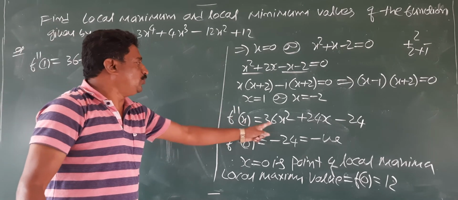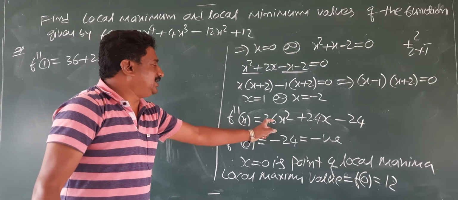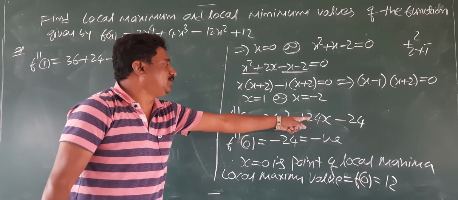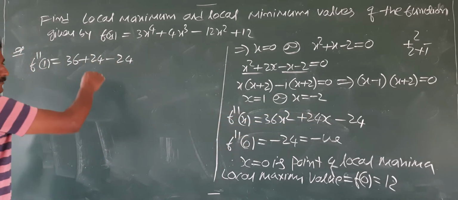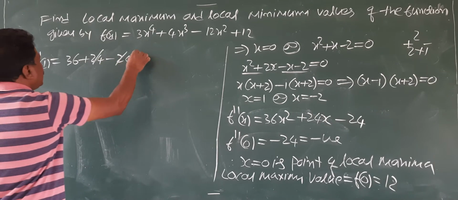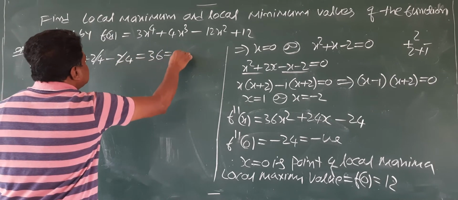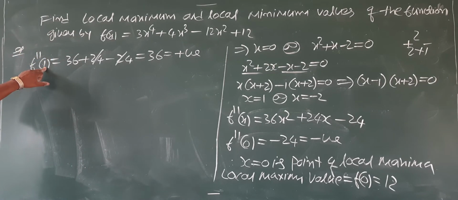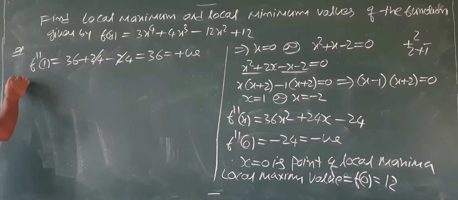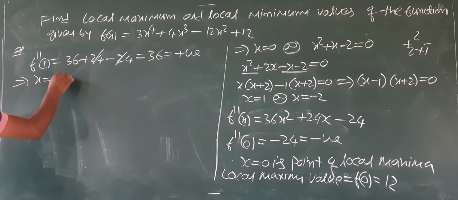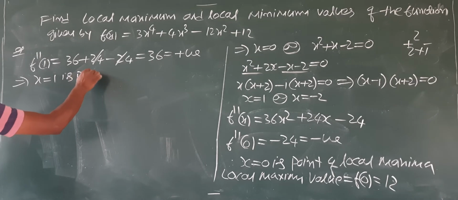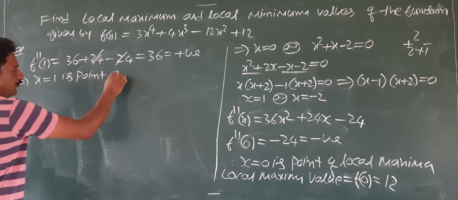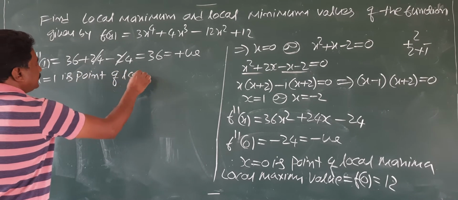Put x equal to 1 in this case: 36 times 1 square, plus 24 minus 24, the plus 24 and minus 24 cancel. So it is 36, positive. Then what is this point? x equals 1 should be a minimum point. So this implies x equals 1 is a point of local minima.